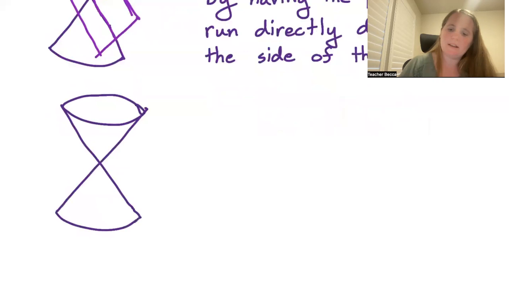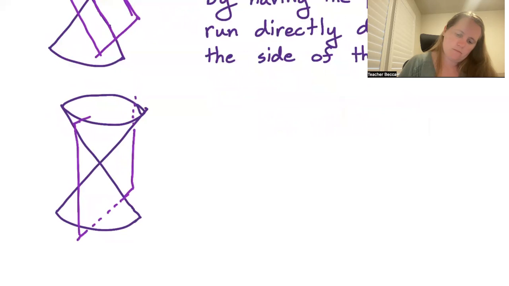So if we take a plane that goes sort of straight down through our cone, that happens to also go through the point, we get crisscross lines.